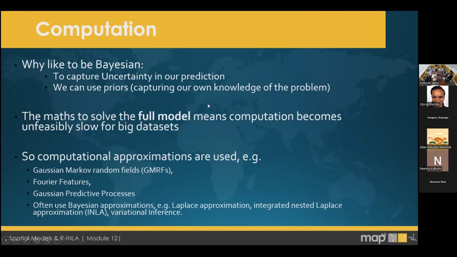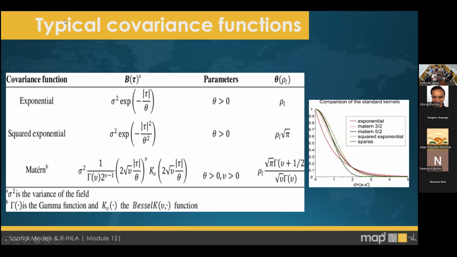Okay, sorry. So there are some common covariance expressions of the covariance matrix used in this kind of approach. We have the exponential, defined here with this formula.